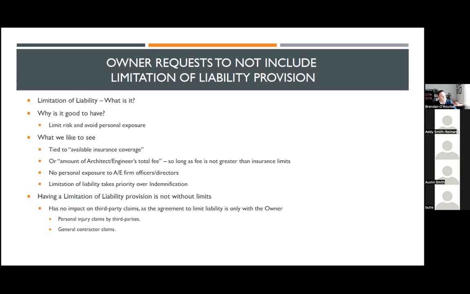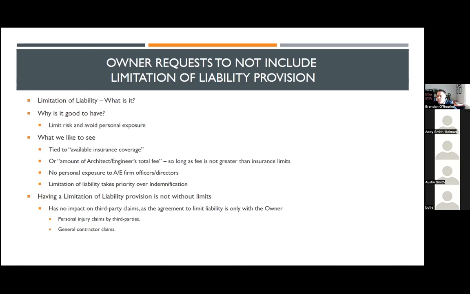We talked a little bit about indemnification earlier, and you want to make clear that if you're going to be providing an indemnity and you also have a limitation of liability for claims made against you by the owner, that the limitation of liability provision equally applies to your duty to indemnify as well.